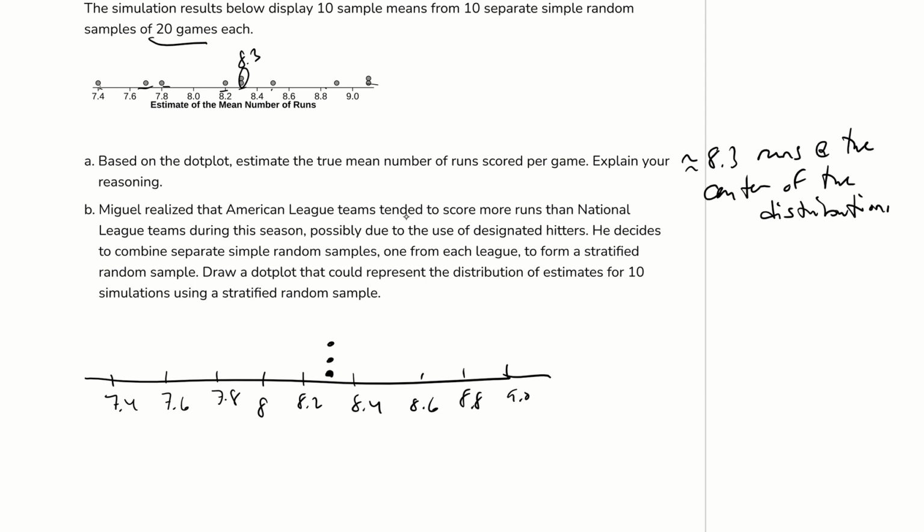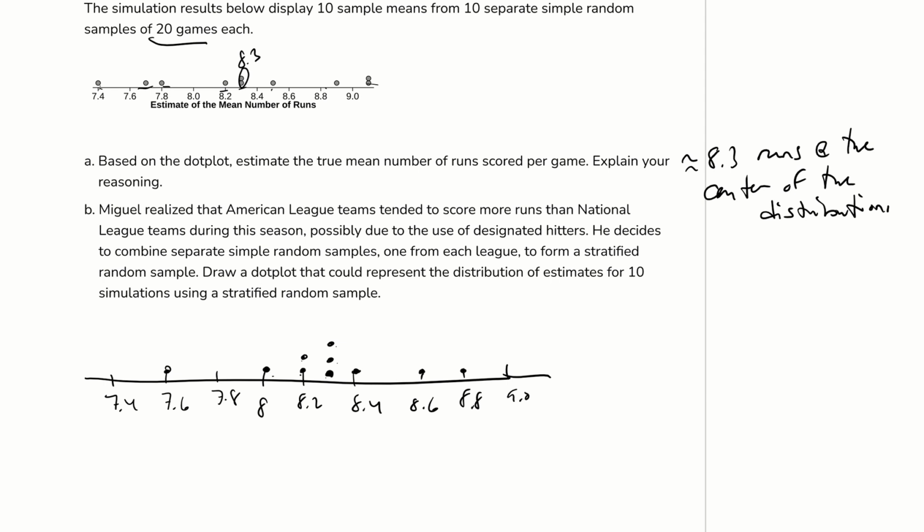We might have maybe something like that. And then that's already 2, 4, 6, that's already 7 dots. So let's just do maybe a couple. 8, 9, and 10.